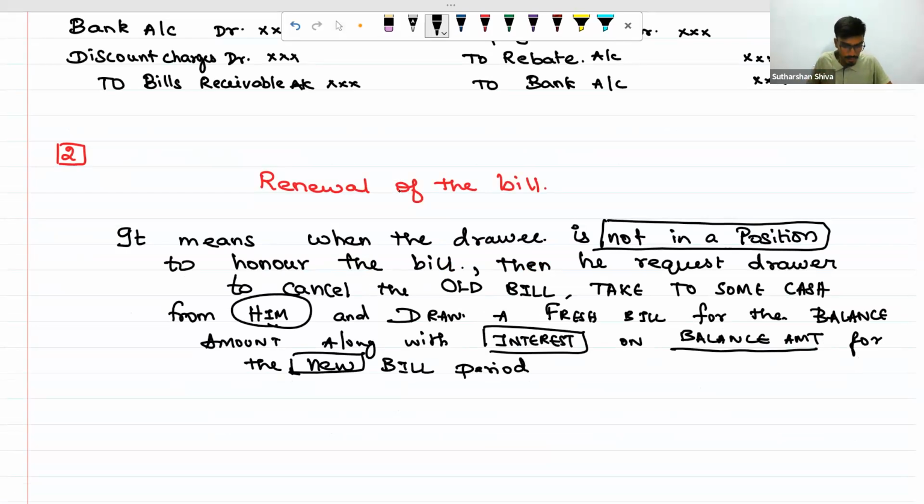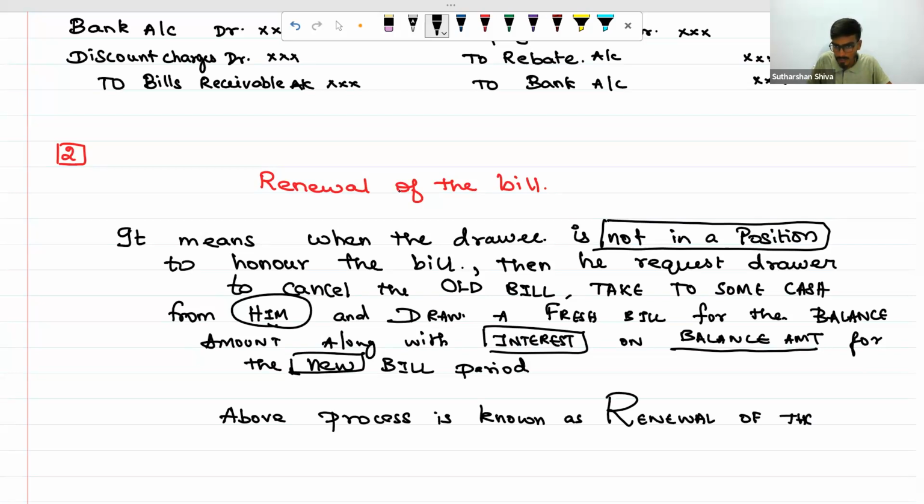So this entire process that we are doing is known as renewal of the bill.